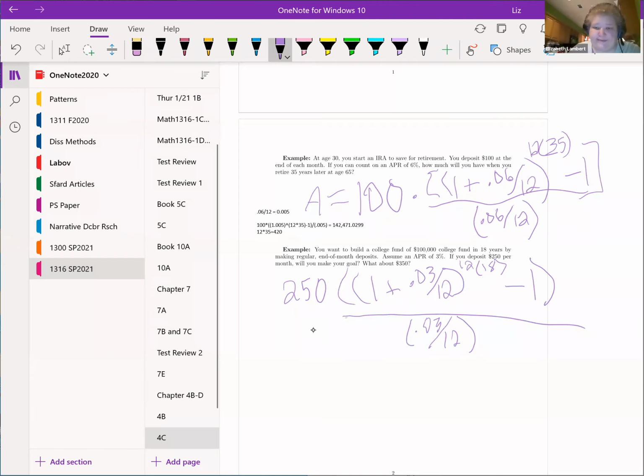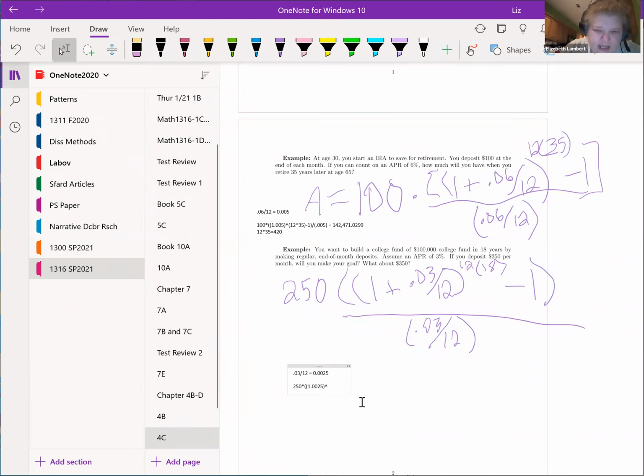All right. So let's see if we can't crunch this insanity. So let's figure out the little interest rate part. Yep, see the 0.0025, half of what we had before. So now we will take our payment amount, 250, times, open two parentheses, then 1.0025.